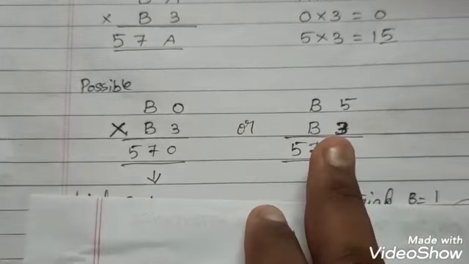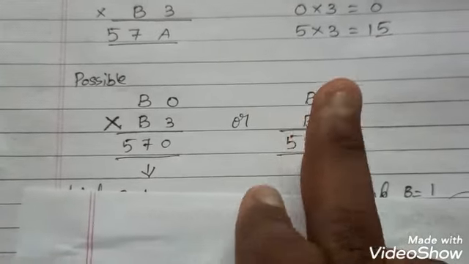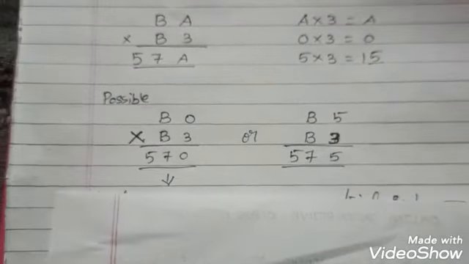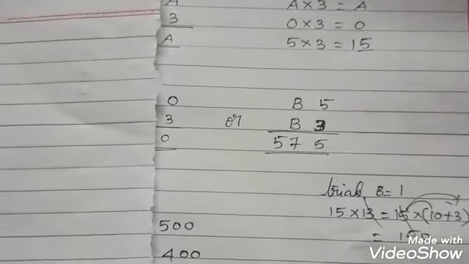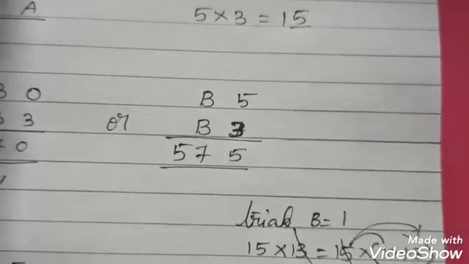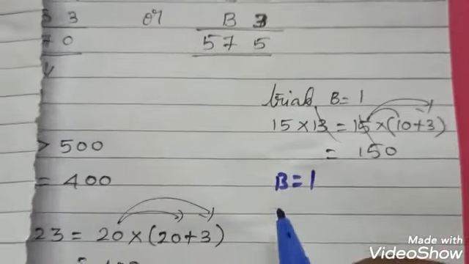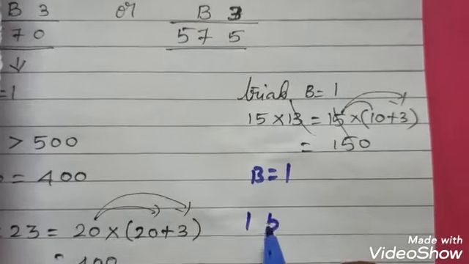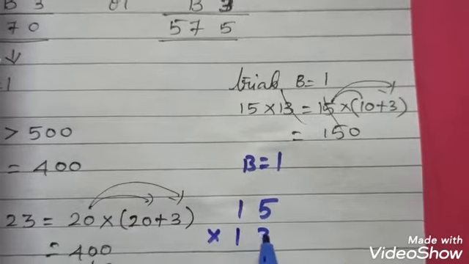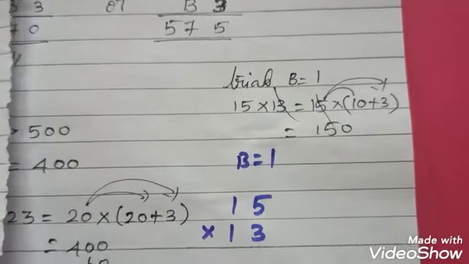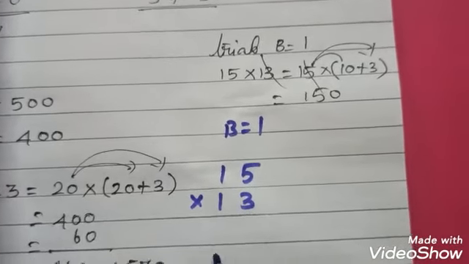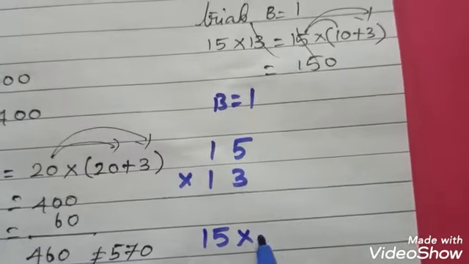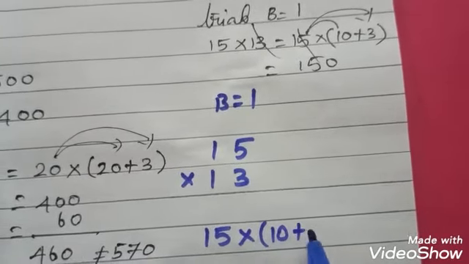So next we move on to the same option with the B5. So first I have to trial with the 1. So B equal to 1, in the sense I have to take 15 into 13. So 15 into 13 we have to write as 15 into 10 plus 3.